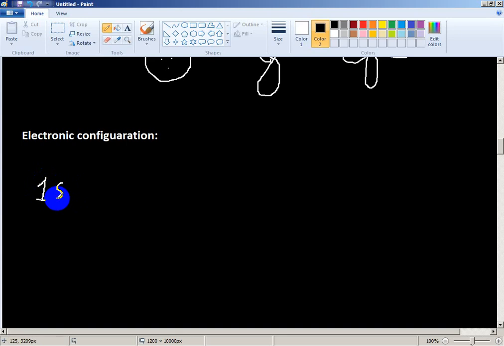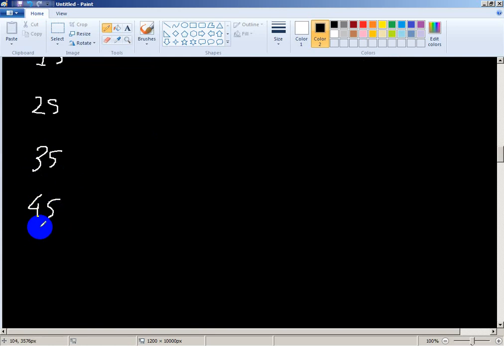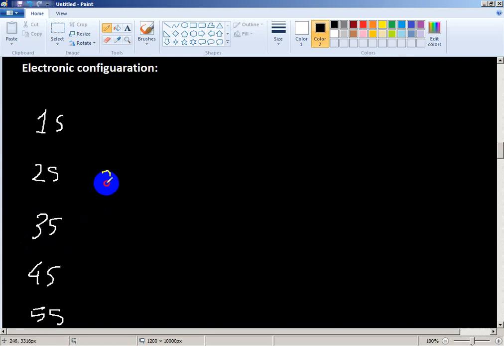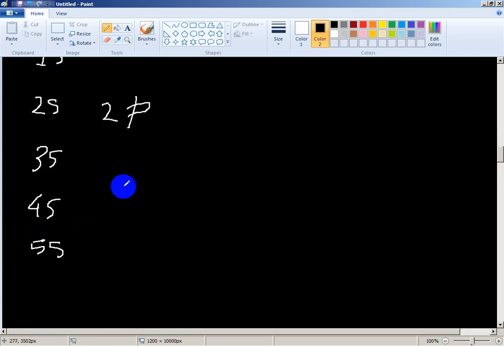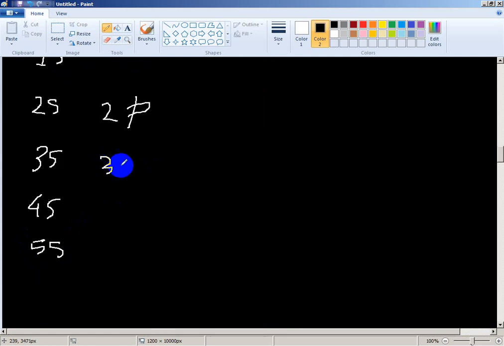1s, 2s, this is the orbital. 1s orbital, 2s orbital, 3s orbital, 4s orbital, 5s orbital. Then 2p, 3p, 4p.